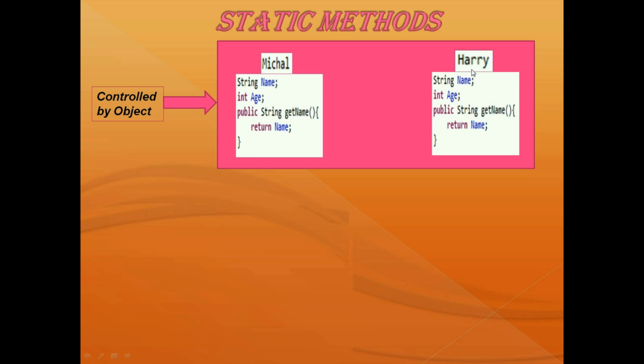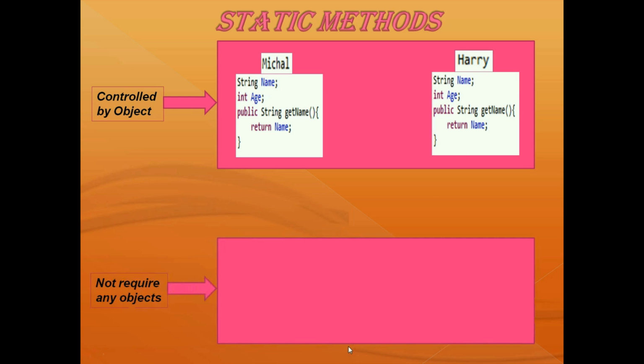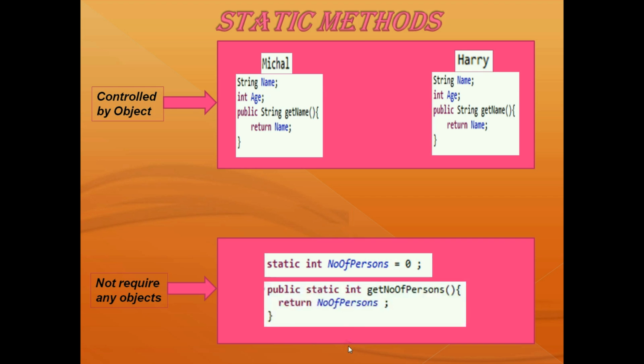And now if you take a look at this side, at this area where there are no objects, there are just static variables and static methods. Anyone can access these methods and variables. So here objects control everything, and here at this side we don't need an object, right?